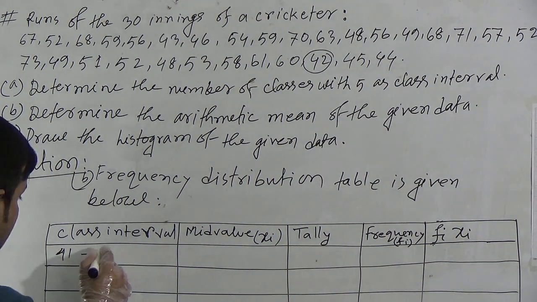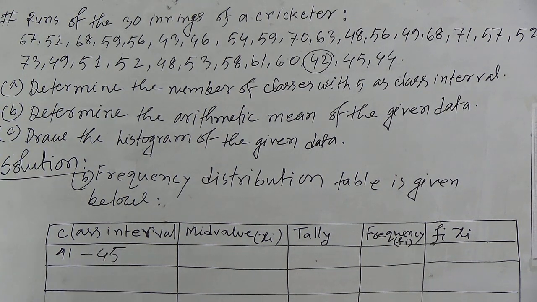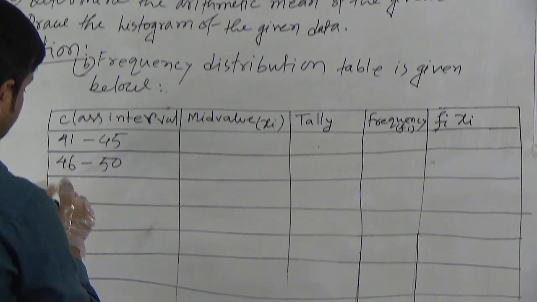We can write here 45. Class interval will be 5 here. So this class will start at 46 and finish at 50.